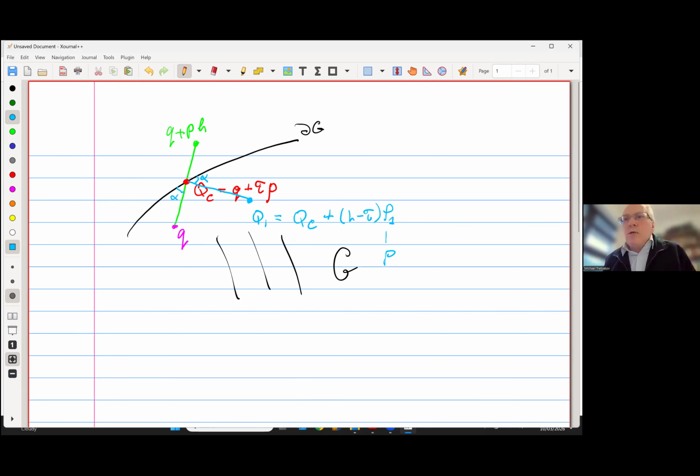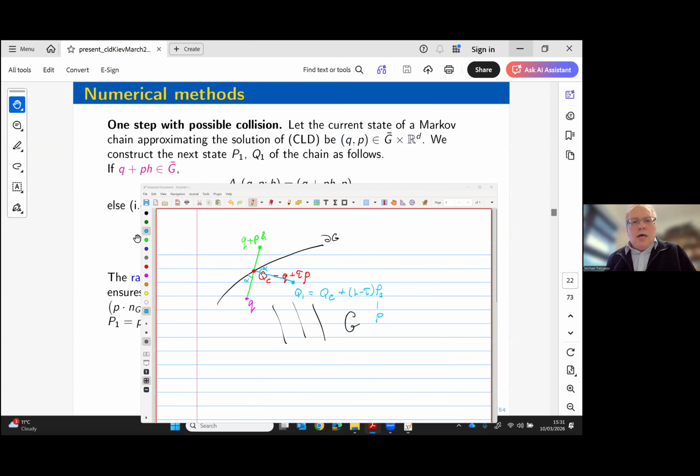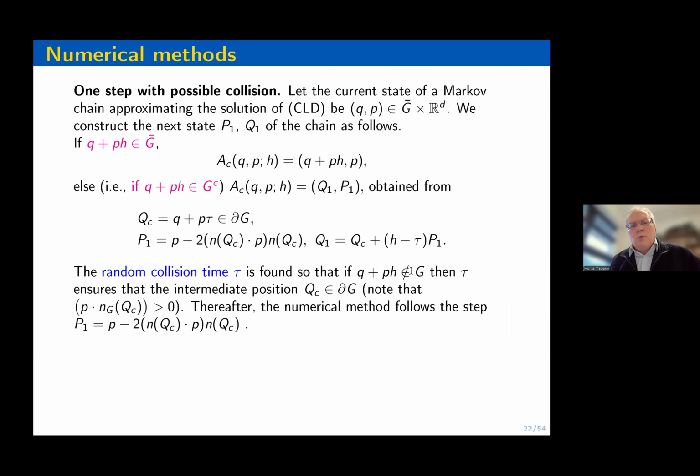Let me switch back to the slides. Here, written in terms of formulas, we find Q_C, P1, and Q1. The tau which we have here depends on Q and P and on the boundary. So if I fix Q, P, then tau is not random. But over the course of development of the Markov chain, tau obviously becomes random.